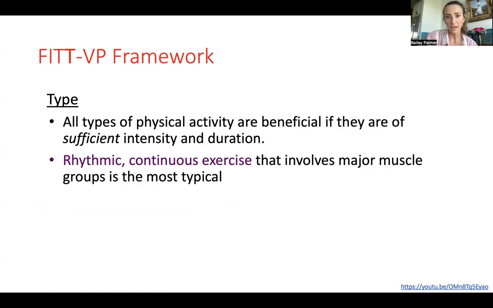This would be jogging, running, sprinting, cycling, swimming long distances, even jump roping, doing a stairmaster, stair climber, doing the elliptical. So anything that is large muscle, rhythmic, continuous exercise, going through a large range of motion, that is usually what we consider to be that aerobic type exercise.